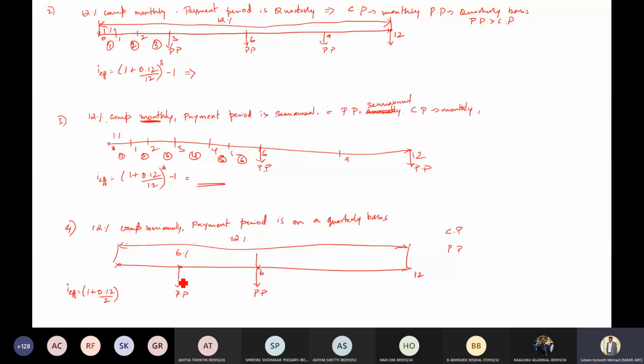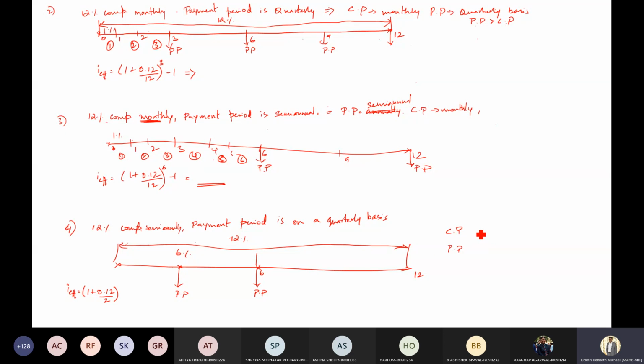Now, your payment period is actually done on a quarterly basis, right? Your compounding period is on a semi-annual basis. This is semi-annual, this is quarter, payment is quarter.